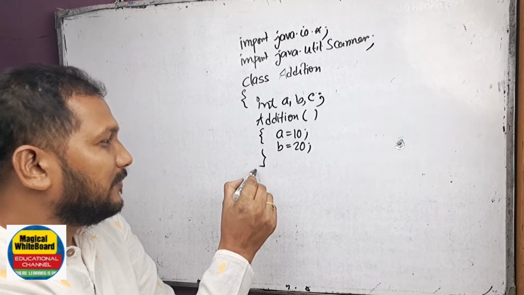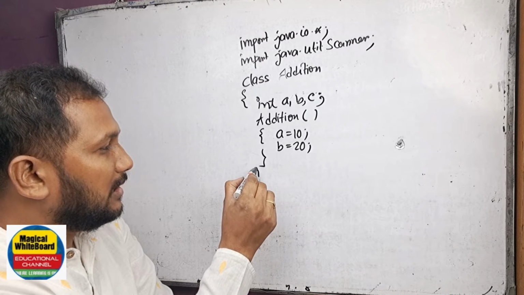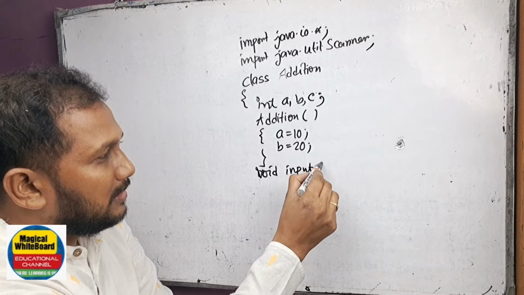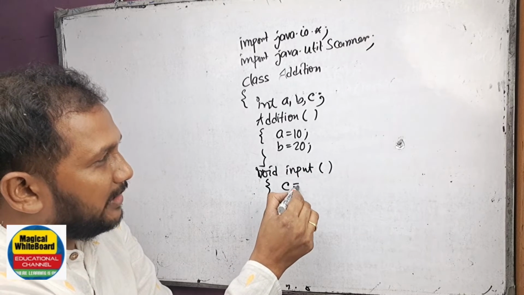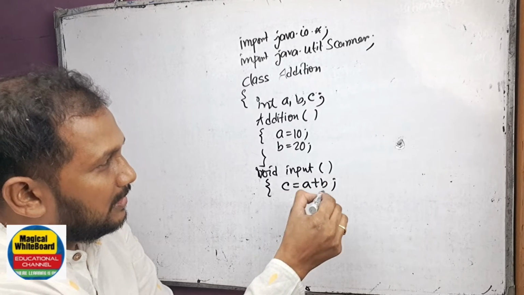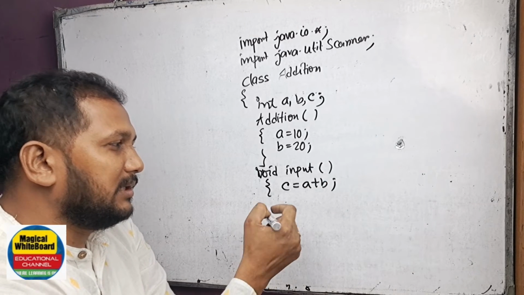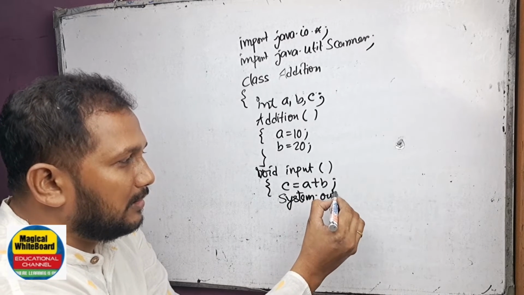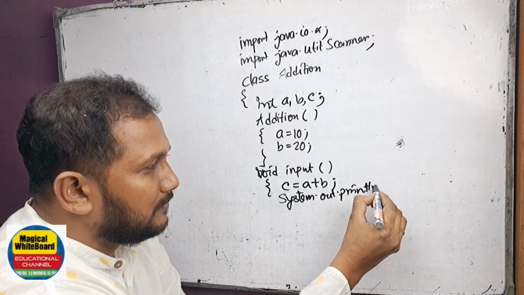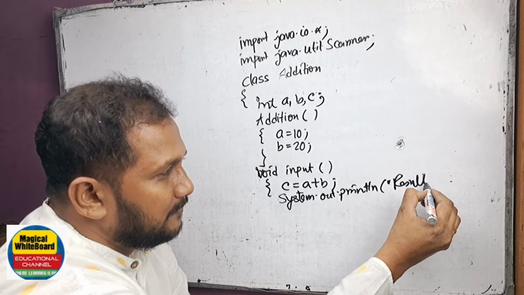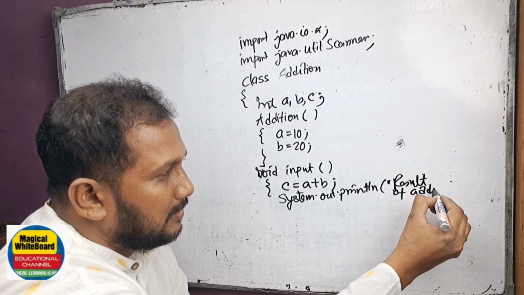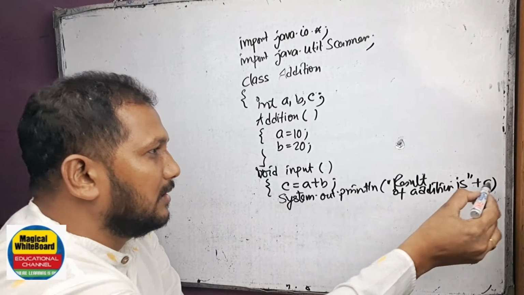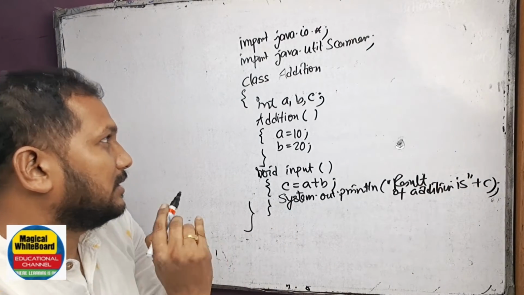Now there is a function, void input. C is used to add those A and B and print the result: C equal to A plus B, and then print the result, System.out.println("Result of addition is " + C); and close the class.